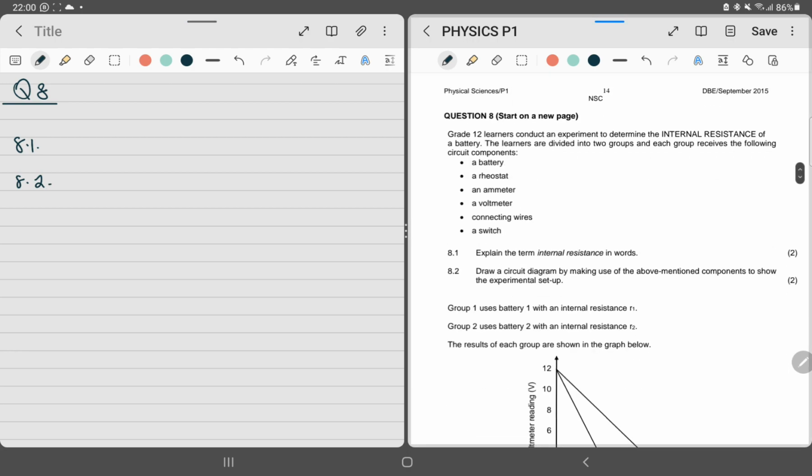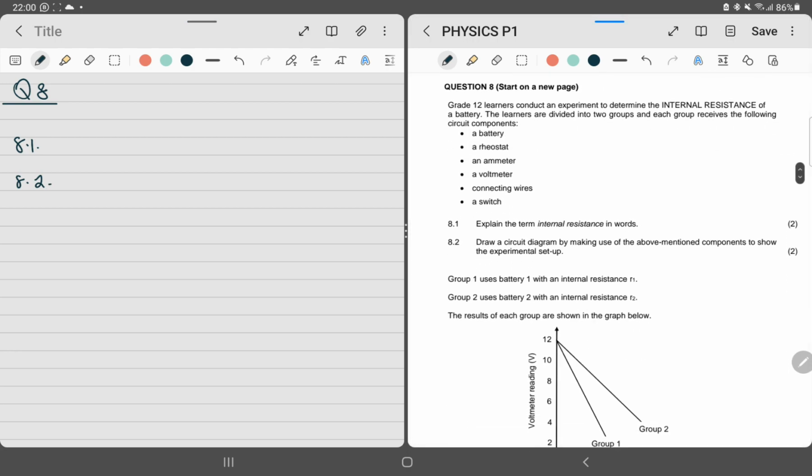8.2. Draw a circuit diagram by making use of the above mentioned components to show the experimental setup. You'll have a battery, and then you'll have an ammeter, a rheostat, and then a switch.